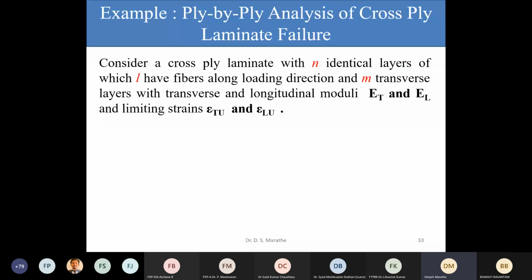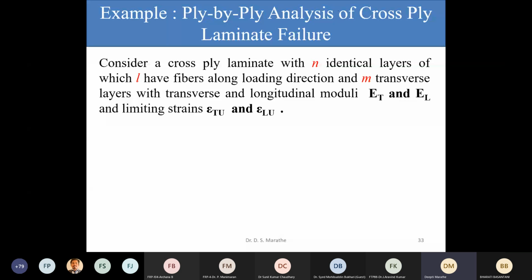So now I have EL, the longitudinal modulus, which is synonymous to E1, and ET synonymous to E2. Then the limiting strains epsilon LU is nothing but epsilon 1 and epsilon TU is nothing but epsilon 2.